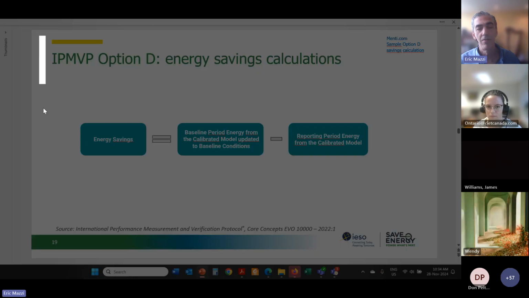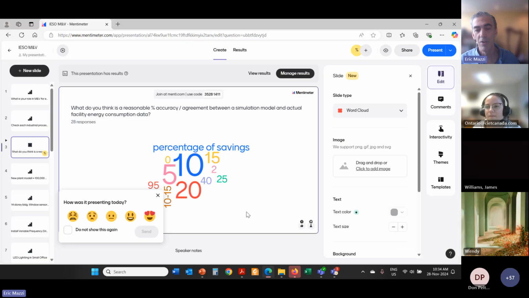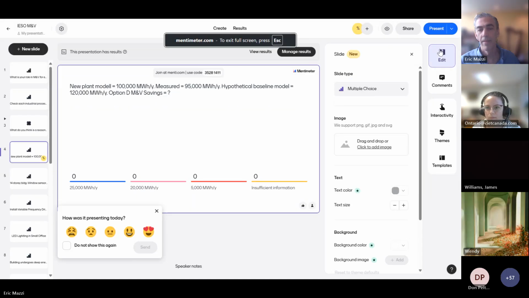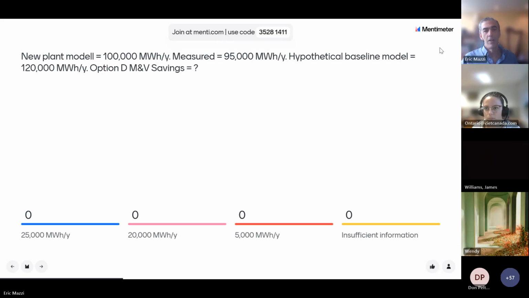We'll do one last question for you, which is this one. Menti limits the number of characters you can use, so I have to keep it short.